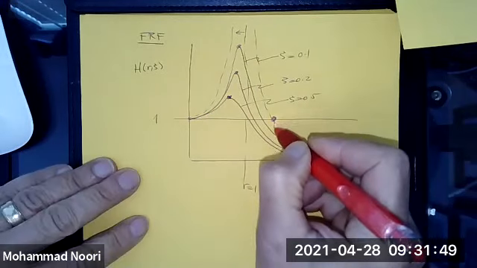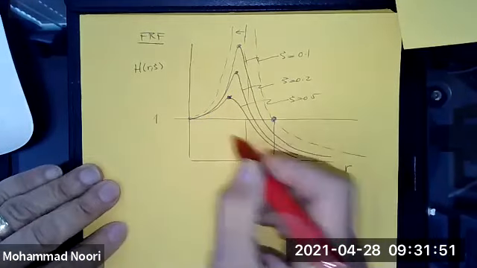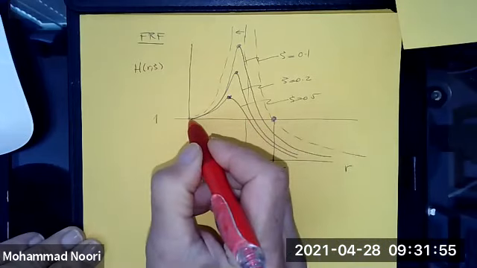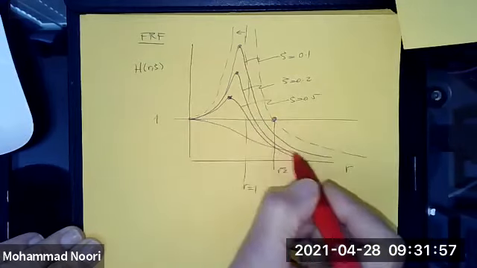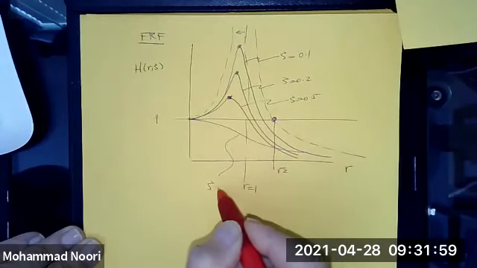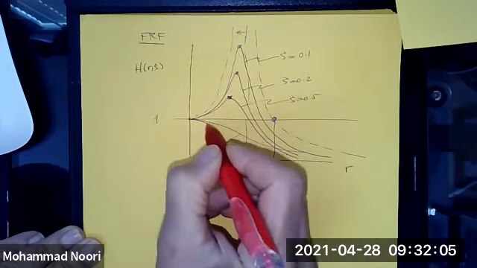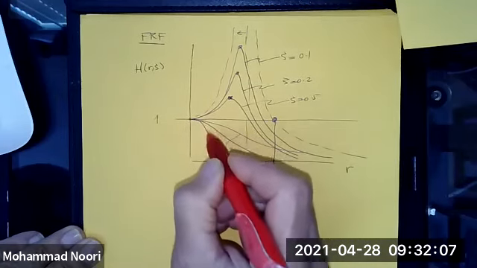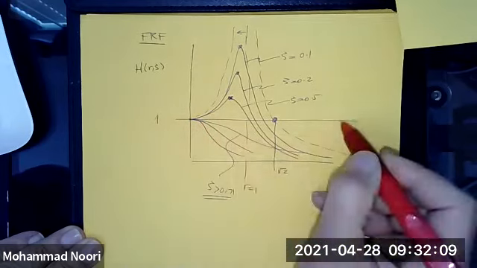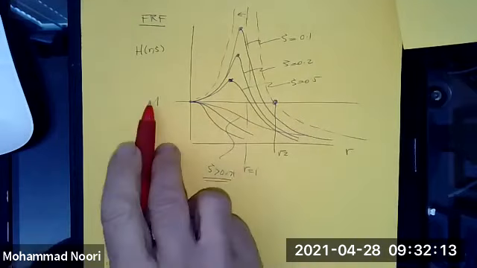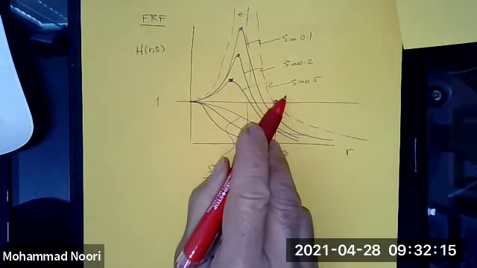As you increase zeta and it exceeds a damping ratio of 0.71, all these curves now fall below this threshold that corresponds to the static displacement.